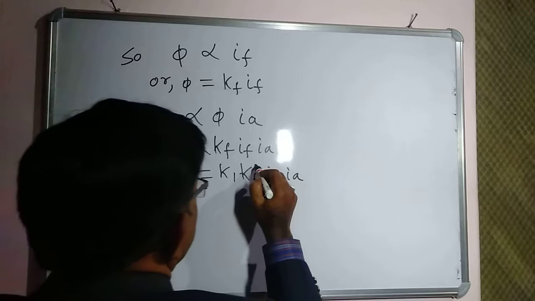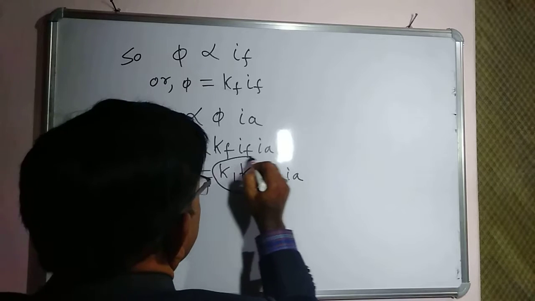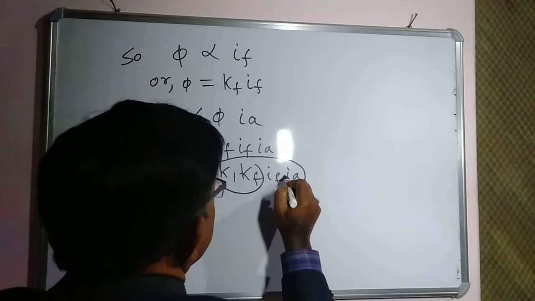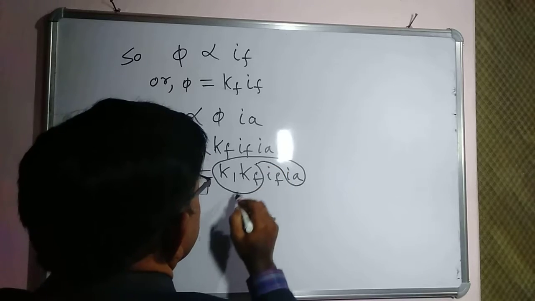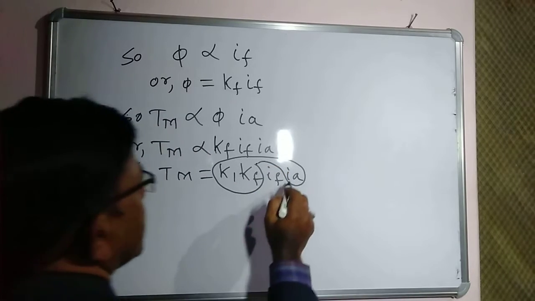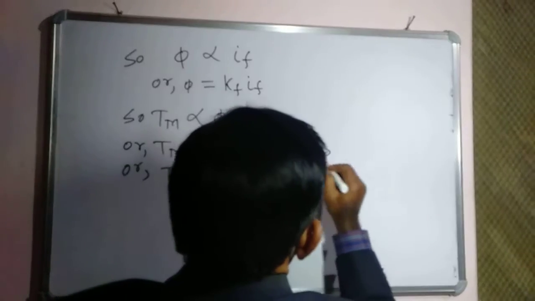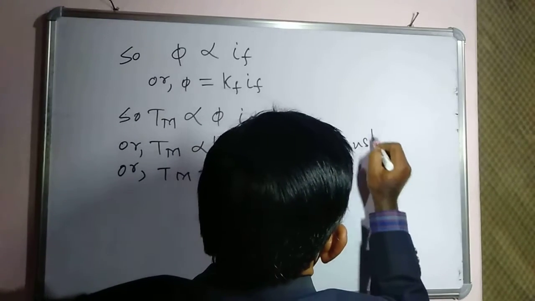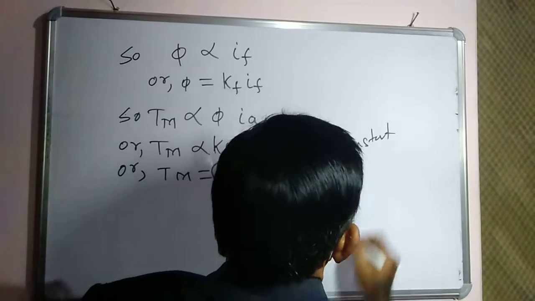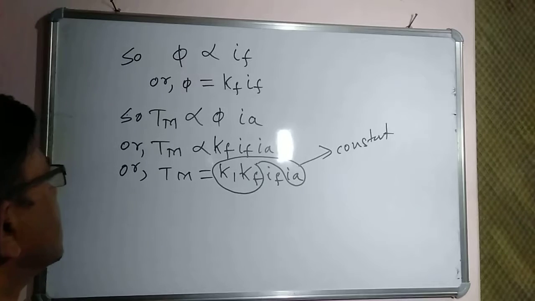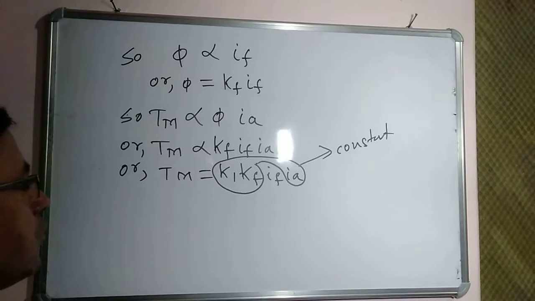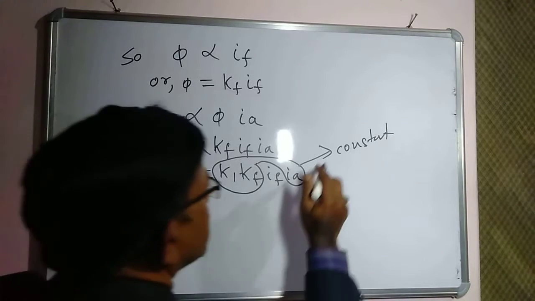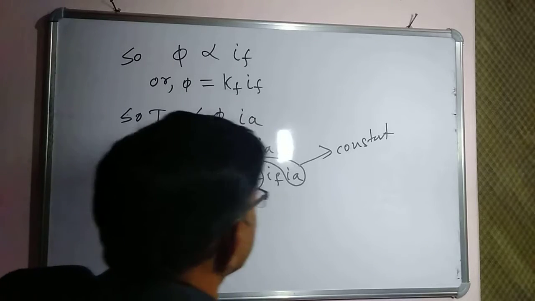Here these three, K1, Kf and Ia, this is a constant, because here we have considered the field control method, therefore armature current will be constant.